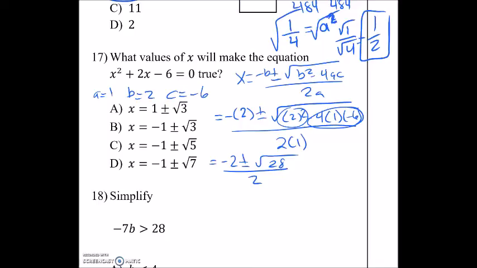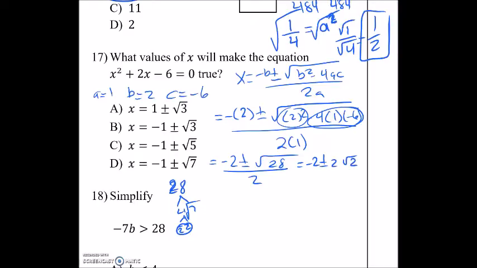Now please keep in mind that we need the square root of 28. So 28 becomes 4 and 7, and 4 becomes 2 and 2. So this becomes 2 square root of 7. So -2 plus minus 2 square root of 7.